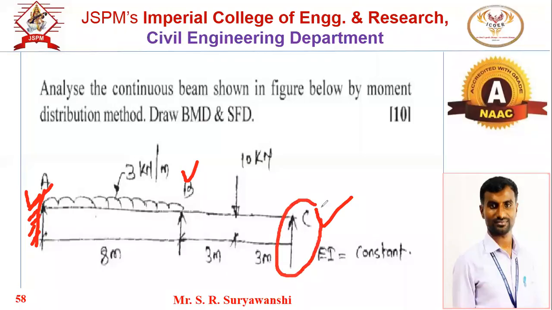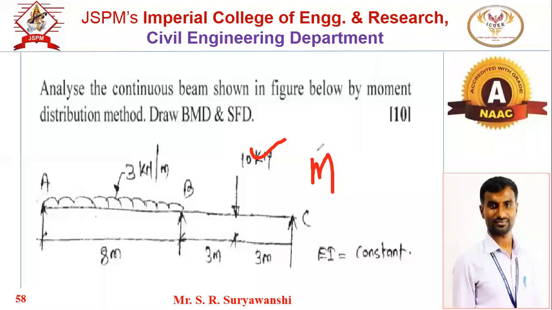So if the end support is simple, the final moment at that particular support should be 0. But due to the external loading on span BC, we get the fixed end moment, M bar CB.